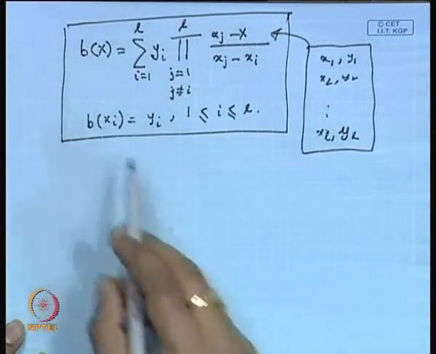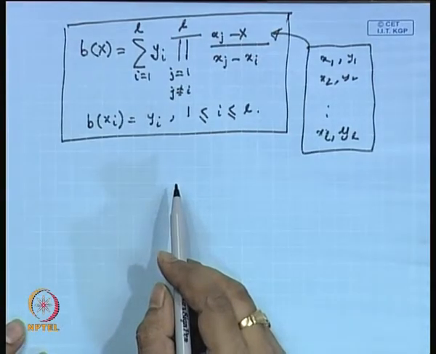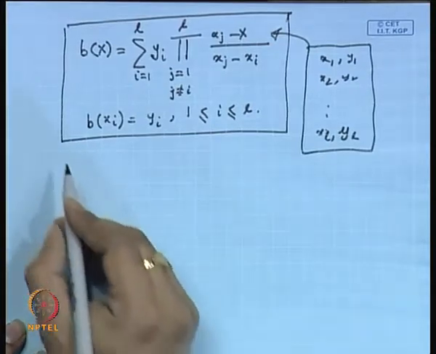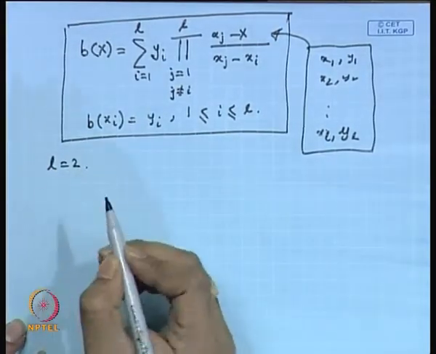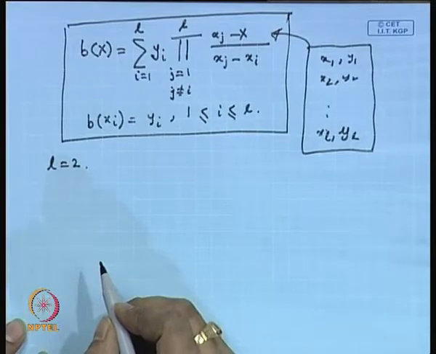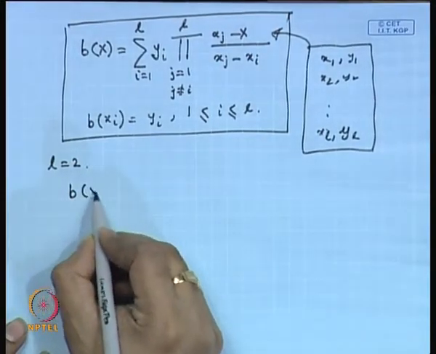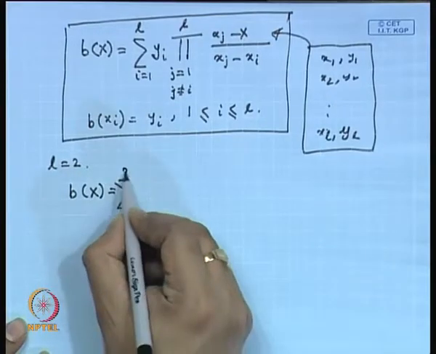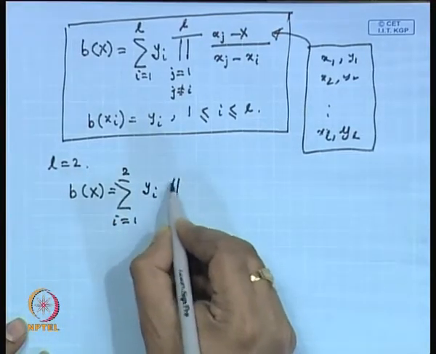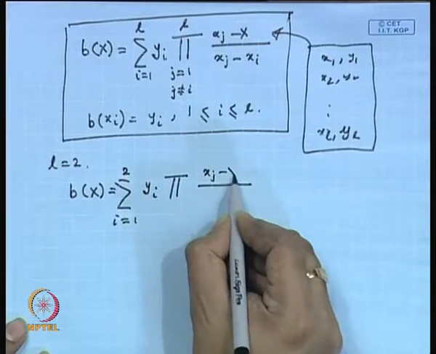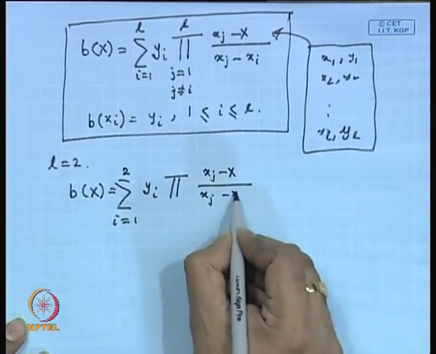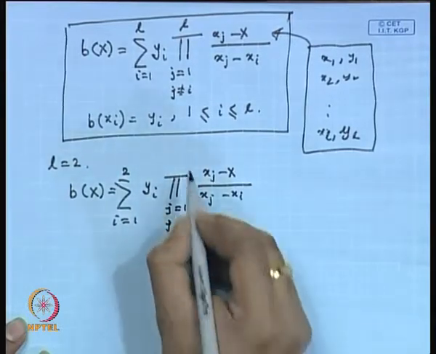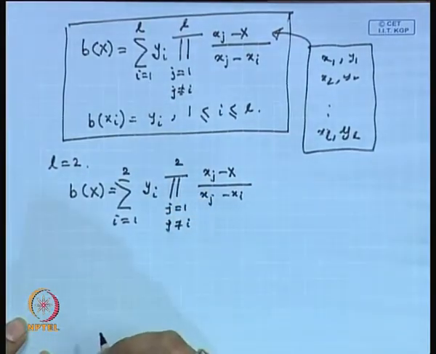Now, in order to appreciate this interpolation polynomial, you can consider the case where L is equal to 2. So, consider the case where L is equal to 2. That means your b(x) will be the sum over i from 1 to 2 of y_i times the product of (x_j minus x) divided by (x_j minus x_i), j not equal to i, varying till 2, right.